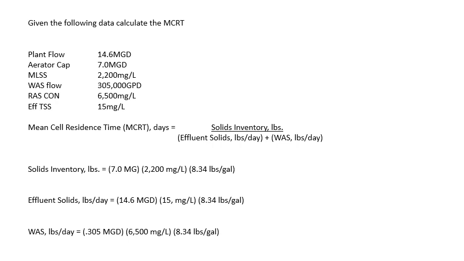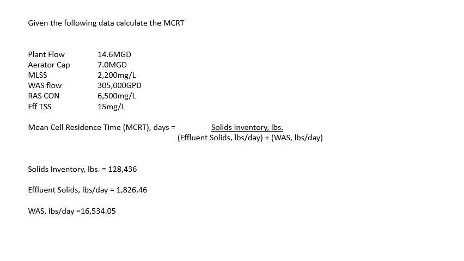And your WAS pounds per day formula is equal to the WAS flow of 0.305 million gallons per day times the RAS concentration of 6,500 milligrams per liter times 8.34 pounds per gallon.